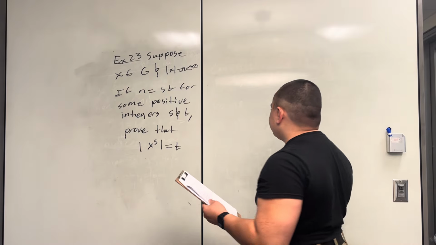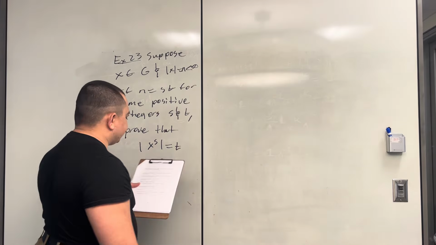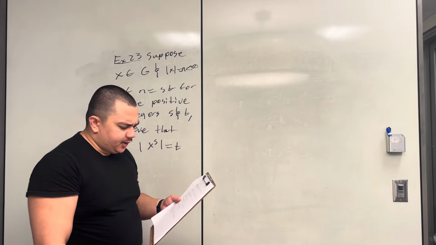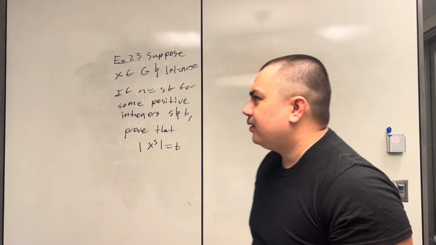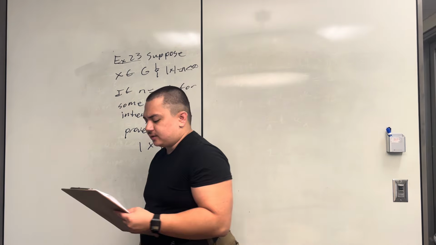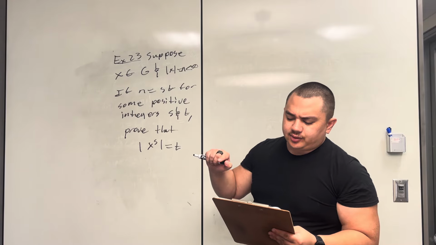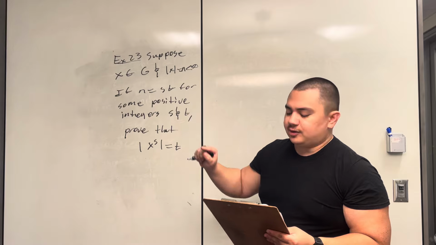So, we have our basic definition of what order is, but for x to the s, the tth power is equal to (x to the s) to the t, which is equal to x to the st, which is equal to x to the n, which is equal to 1.